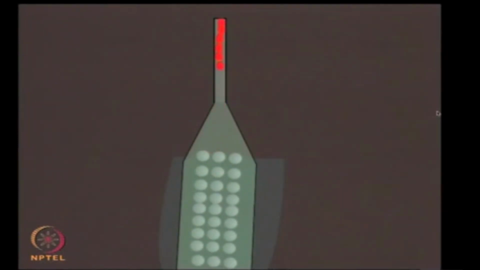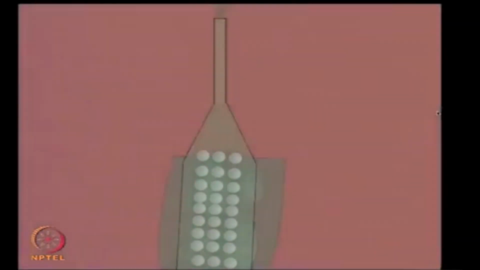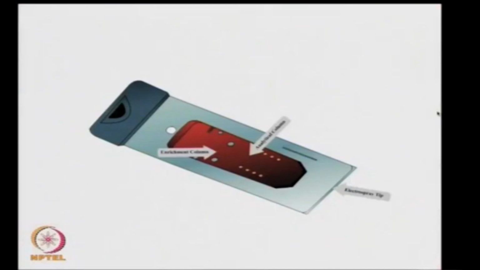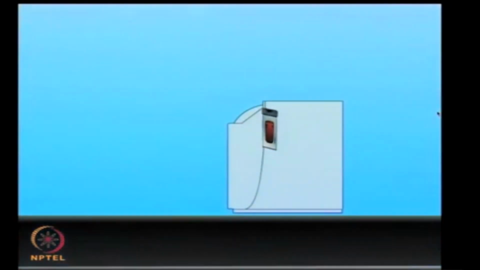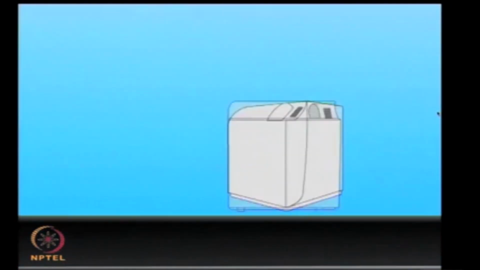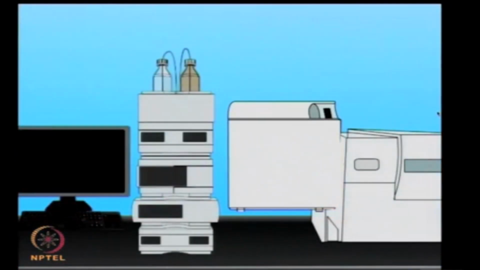Another important component of this technology is the HPLC chip MS interface. A chip is inserted into the interface which mounts on a mass spectrometer. So, this design configuration ensures that the electrospray tip is in the optimal position for mass analysis when the chip is inserted in the mass spectrometer.